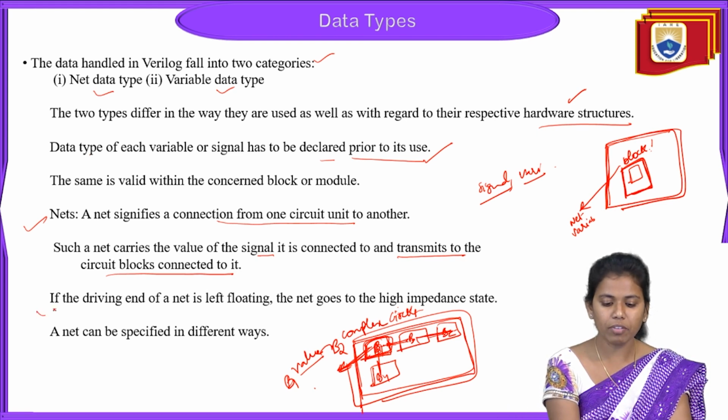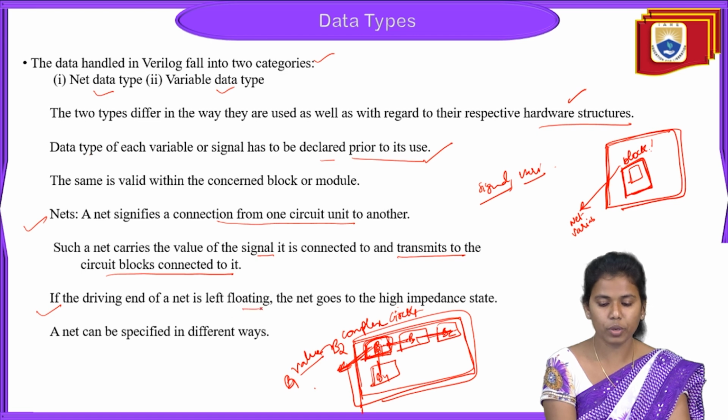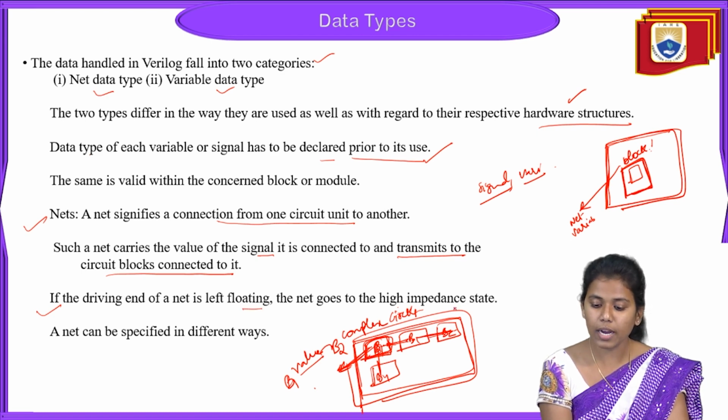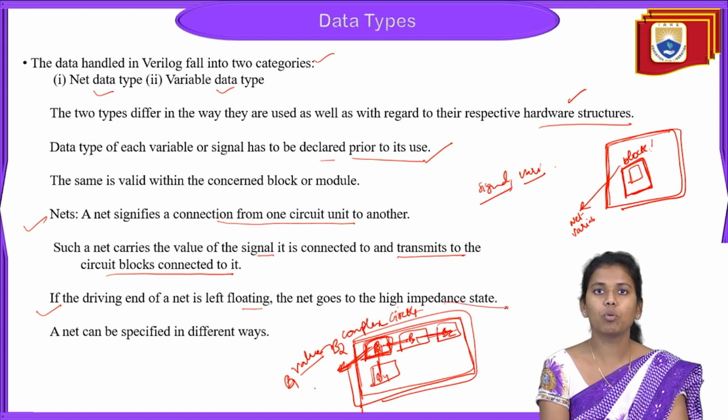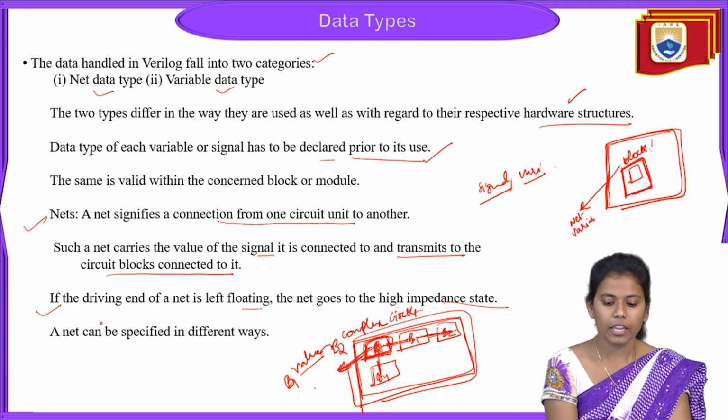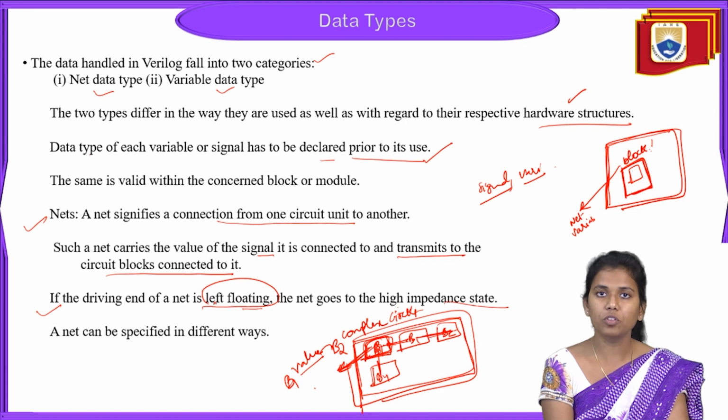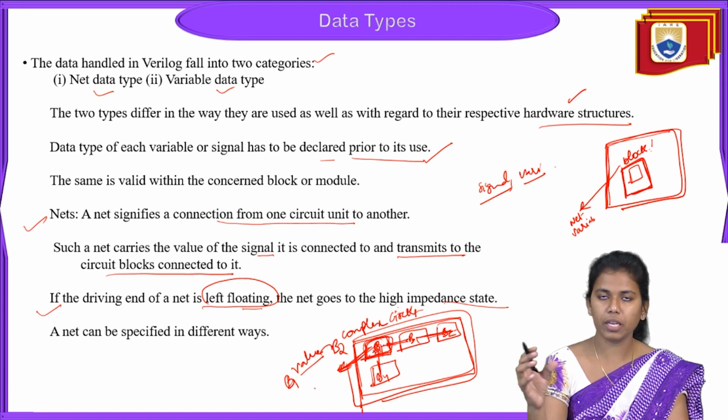And if the driving end of a net is left floating, the net goes to a high impedance state. So what you can observe here is, if the driving end of a net is left floating, the connections between the many blocks are present.